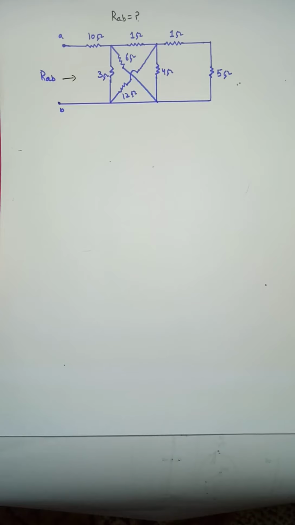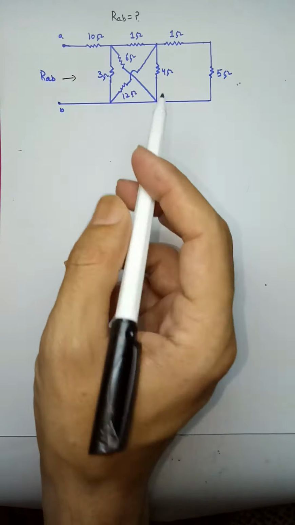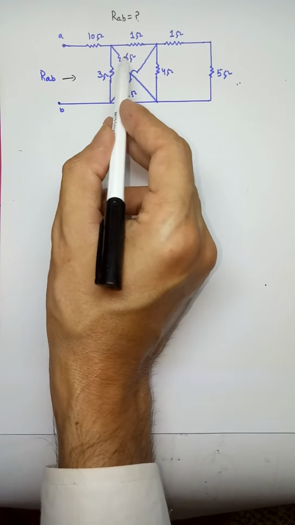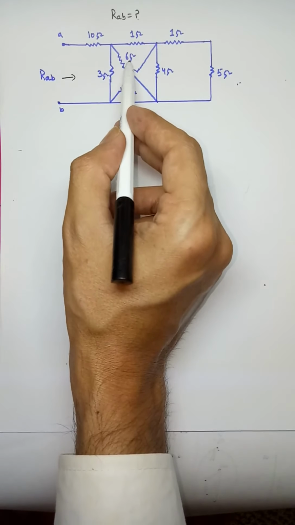Now let's solve another example that is a bit complicated comparatively to the previous one. So we are going to find the R equivalent resistance across A and B node. As we know, you should solve the most complicated part of this circuit first. So in this way, 3 ohm is parallel to 6 ohm.